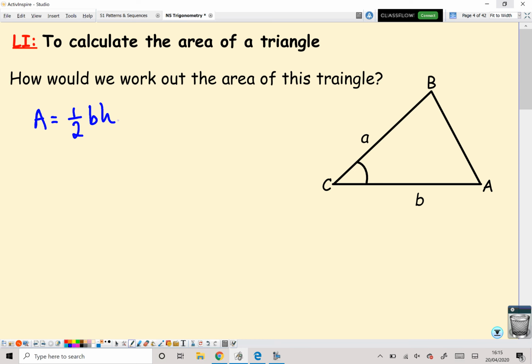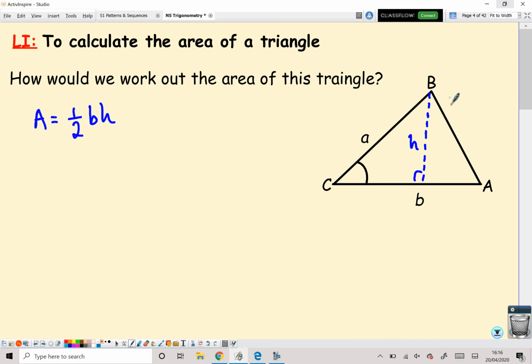So remember, the height refers to the height of a triangle that's at right angles to the base. Okay, so if we knew the length of the height and if we knew the length of the base of the triangle, we could just do a half times the base times the height. But you don't know the height of this triangle. We didn't give you it to start with.